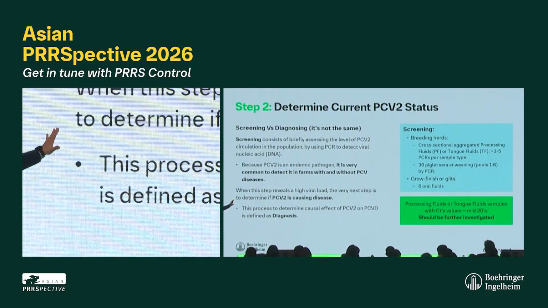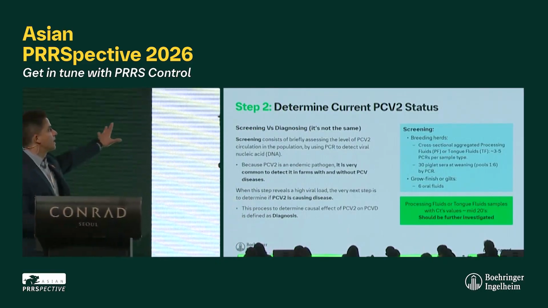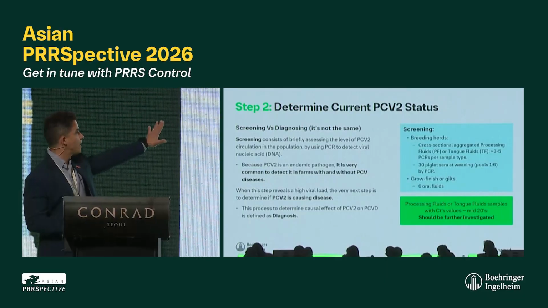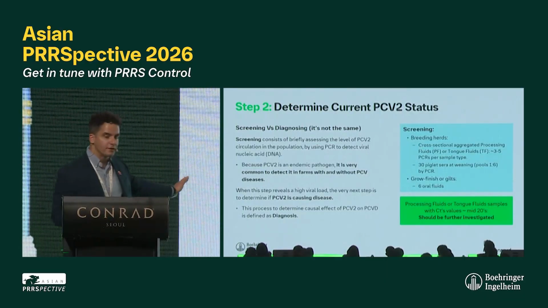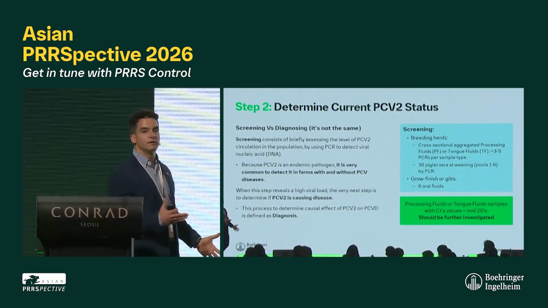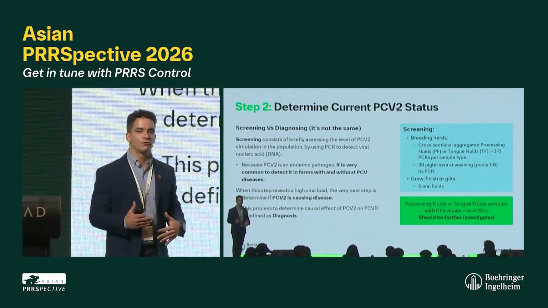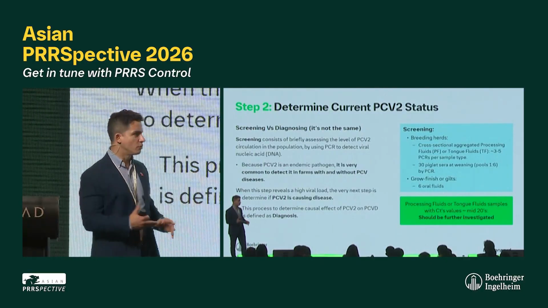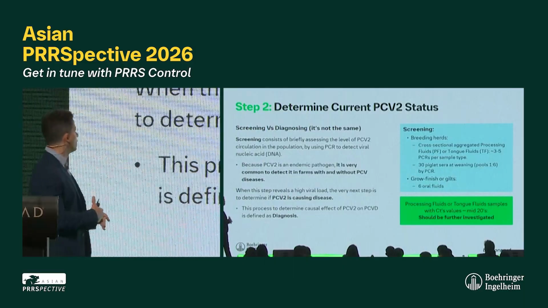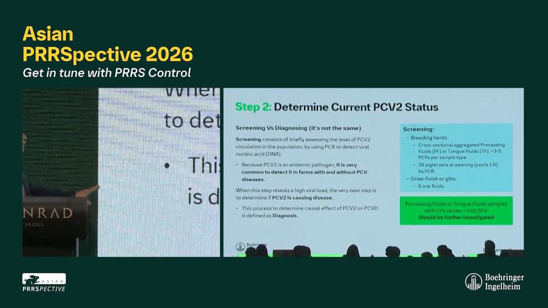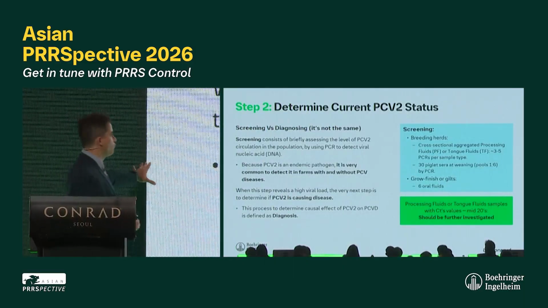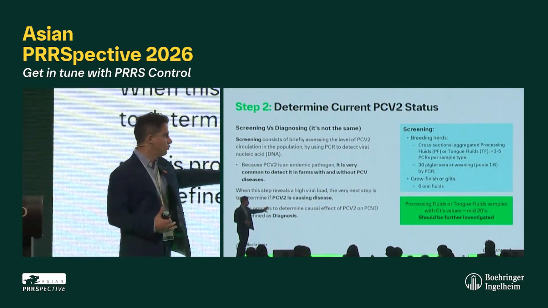So you can use PCR for that. But again, because PCV2 is an endemic pathogen, it's going to be very common to detect it. And just because you detect it, it doesn't mean that the animals are sick because of PCV2, right? So you've got to launch an investigation to make sure that you're going to diagnose PCV2 disease.